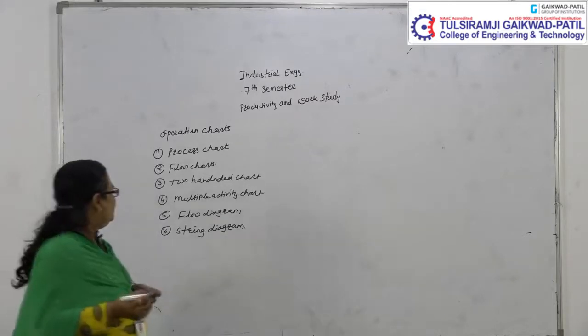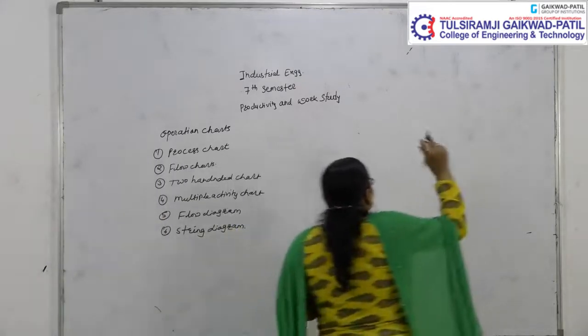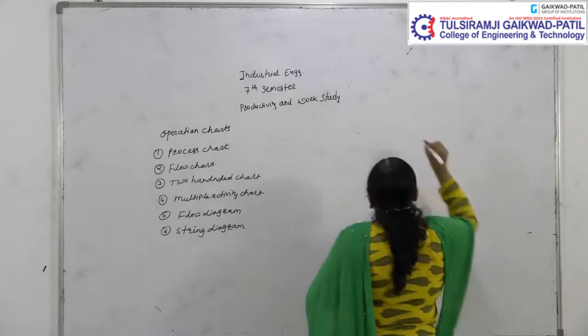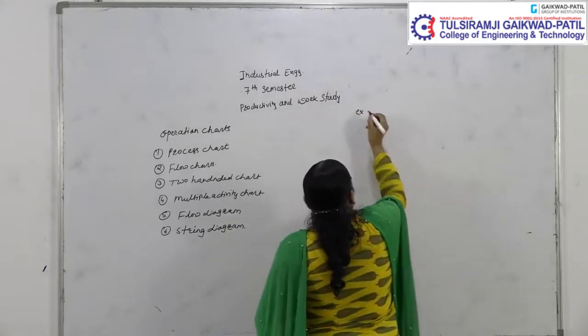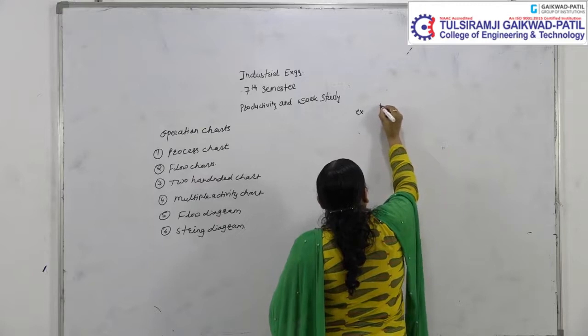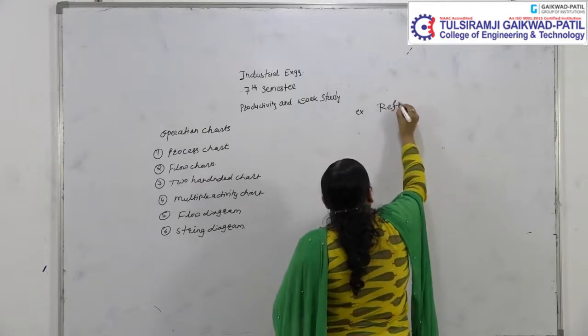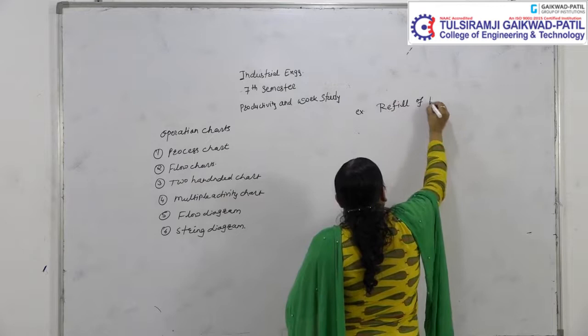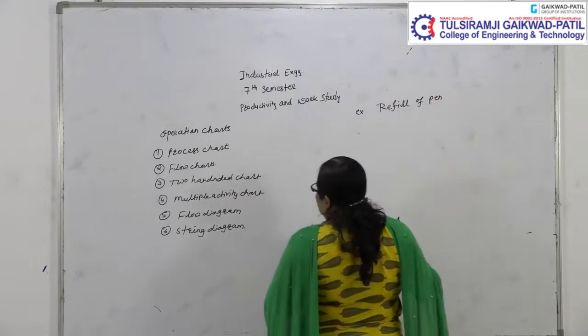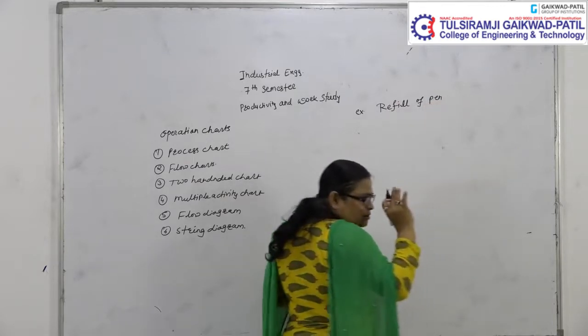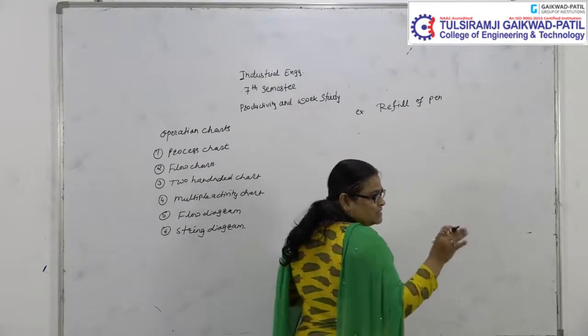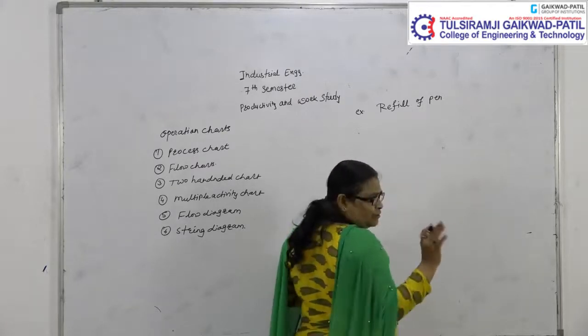For the process chart, we take the example of a Reynolds pen refill. First note all the activities carried out in refilling the pen.